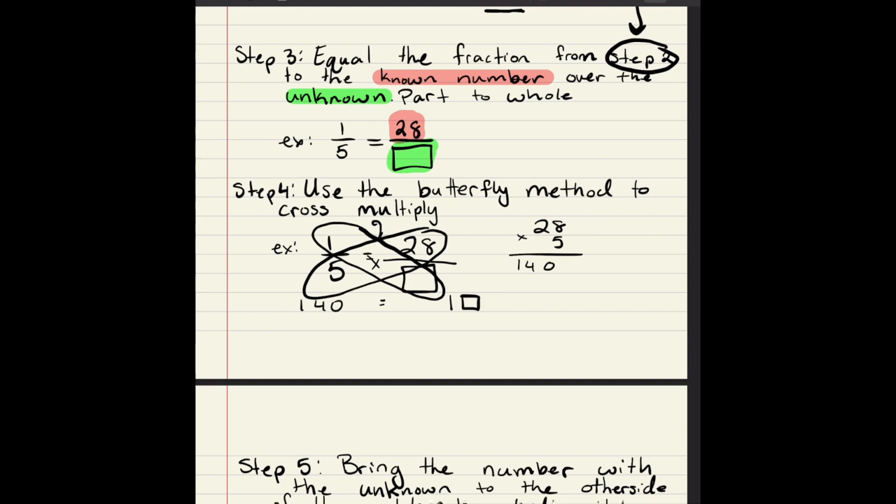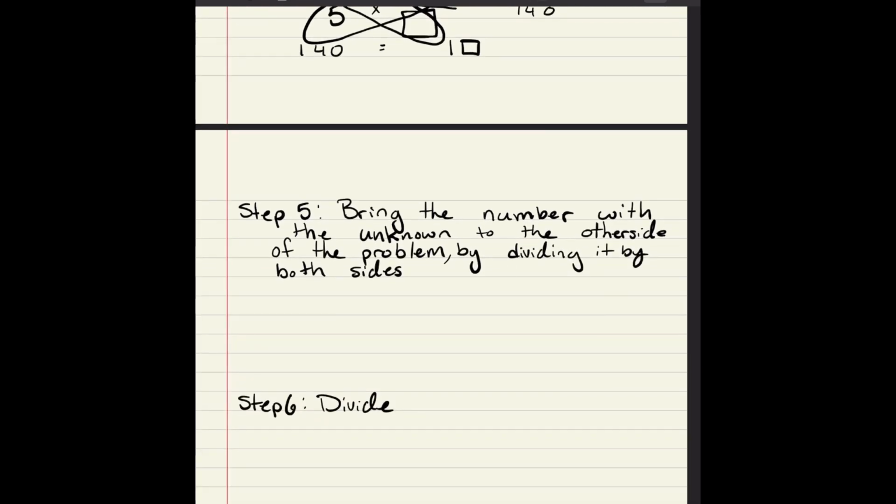And it's called the butterfly method because look at these beautiful feelers at the top. Our little antennas. Alright, so now I'm going to rewrite this as 140 equals 1 unknown.